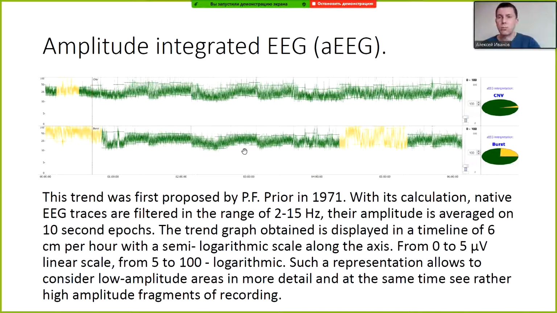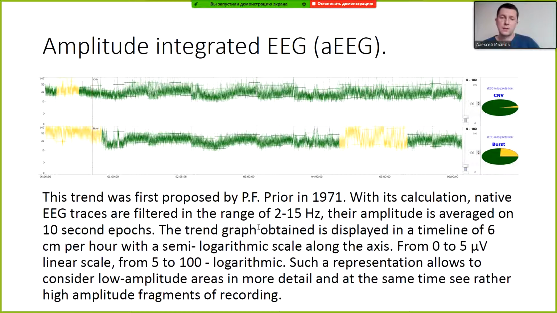Next, a quite important trend is the amplitude EEG trend, or amplitude-integrated EEG. Firstly, this trend was introduced in 1971. Native EEG traces are filtered in the range of 2 up to 15 Hz. Amplitude is averaged on 10-second epochs.